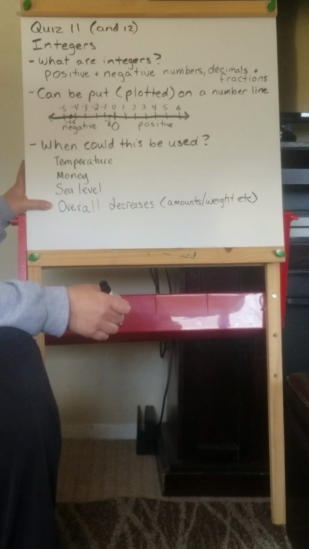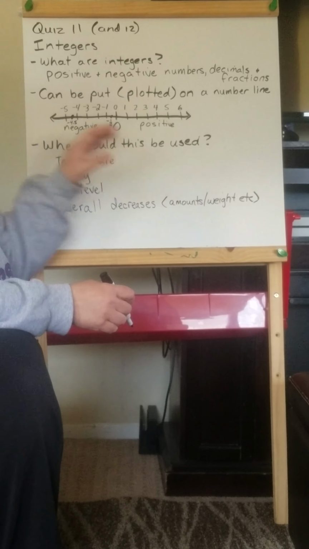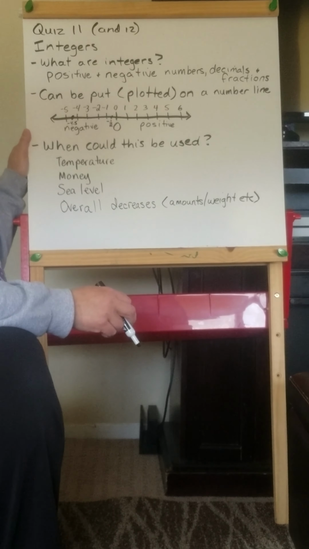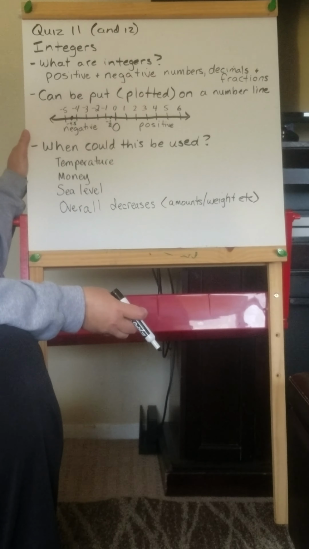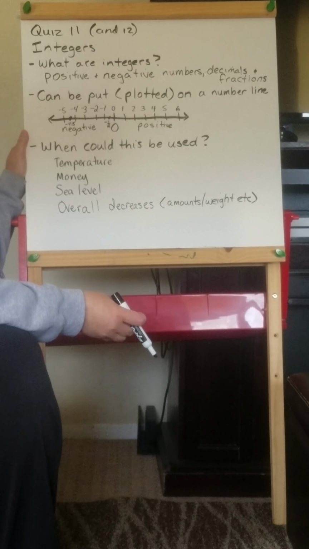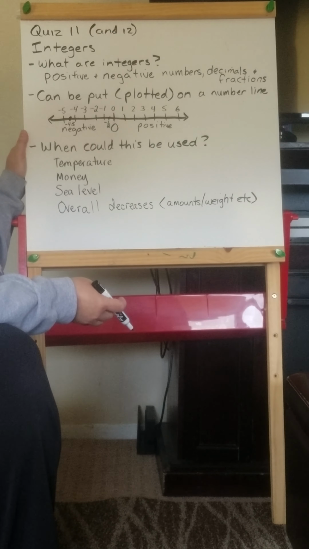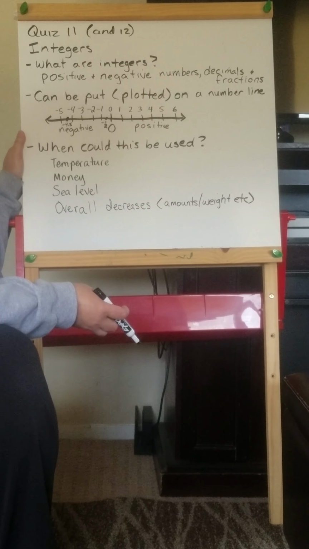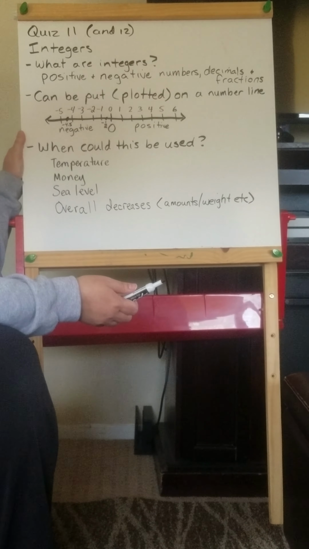Again, for amounts or weights, for example, if you lose weight, you're at -6 pounds, so you've lost 6 pounds. If you gain weight, you've gained plus 8 pounds. So you can use positive and negative numbers for gaining or losing weight, gaining or losing money, things like that.